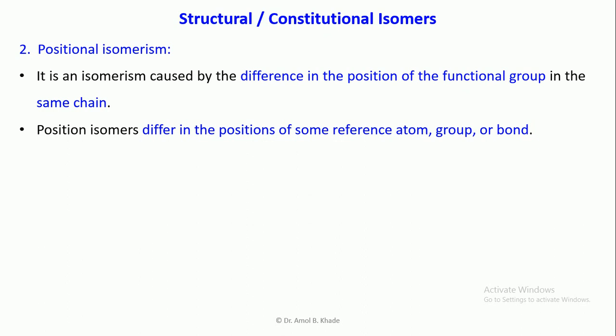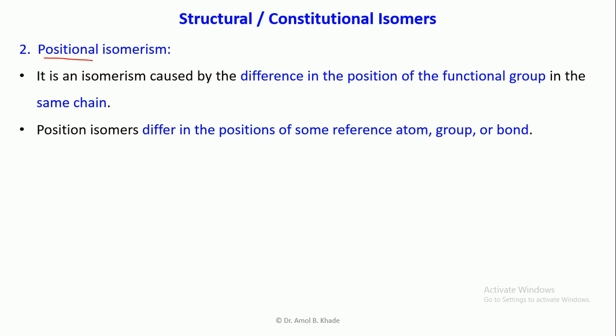Now we will see the second type, that is positional isomerism. So as the name indicates, there is a change in the position. Okay, so it is an isomerism caused by a difference in the position of the functional group in the same chain. In the previous type the functionality was not changed, even their position was also not changed.